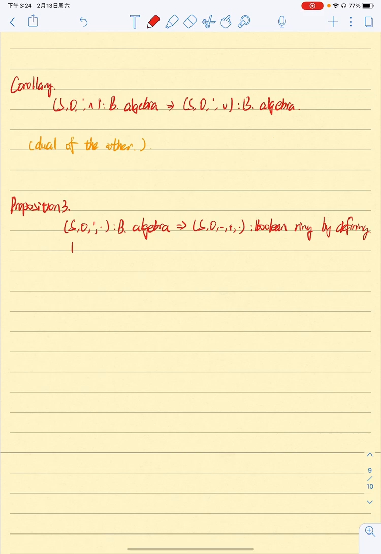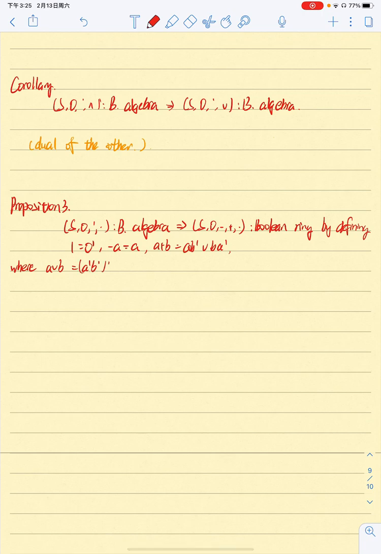First is this one, and A plus B. A plus B equals A B prime or B A prime. And where A or B is A prime, B prime, prime.